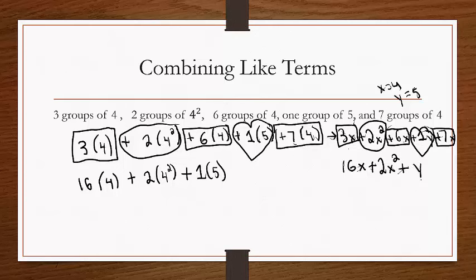I'm just going to write y here because we really don't need to write 1 in front. Again, 1 times anything is itself, so there's no need to write the 1. So that's something to look out for when we're grouping like terms together. We want to make sure that they have the exact same letters and the exact same exponent, or they're not like terms.